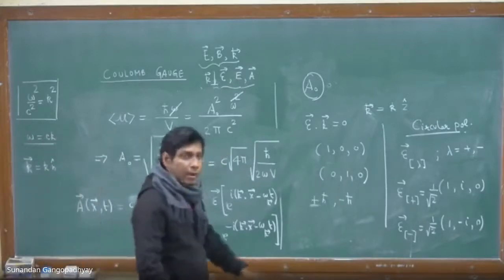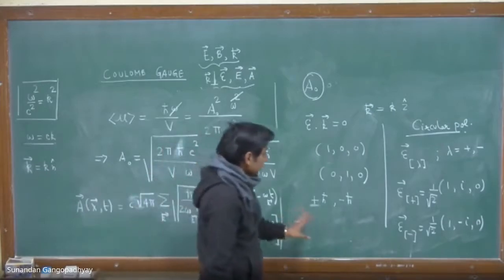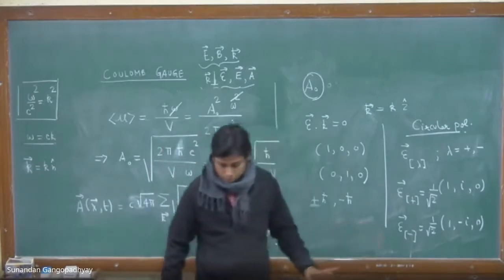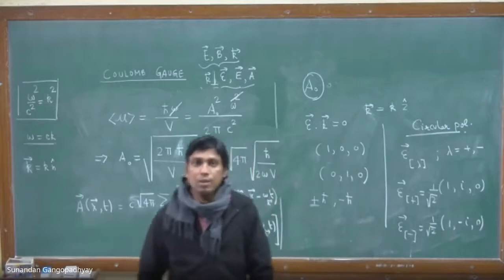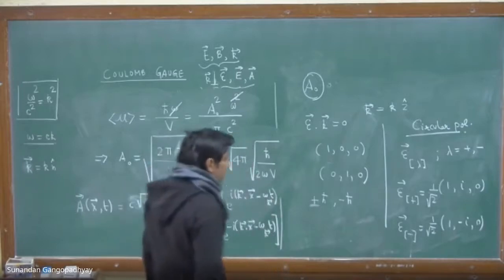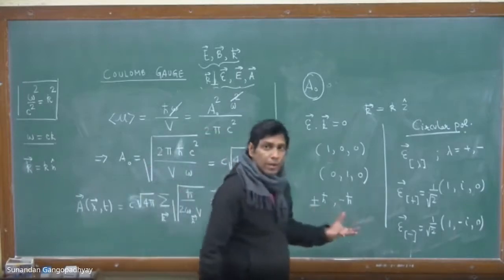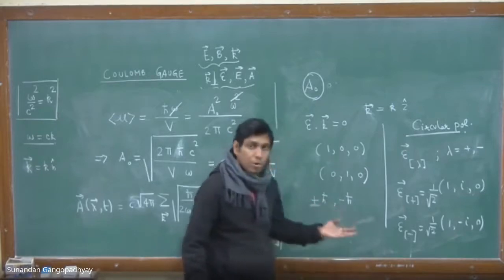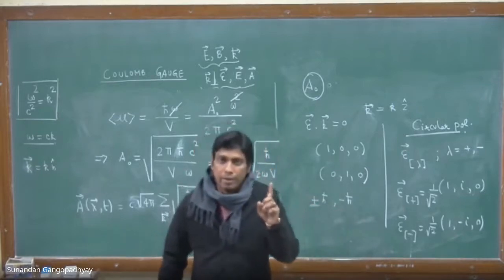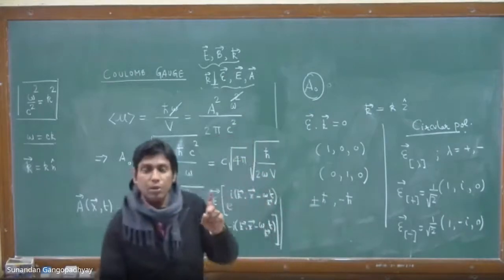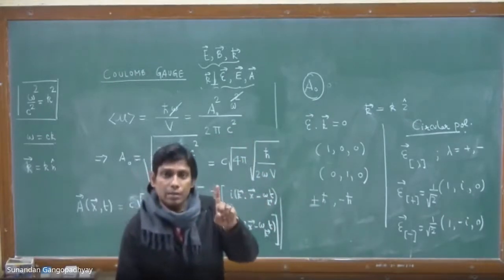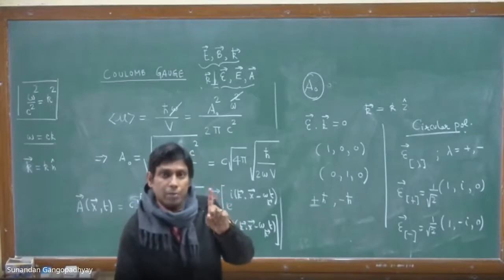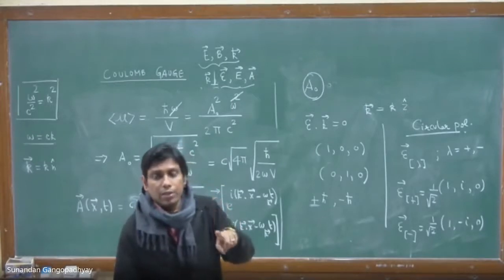In very simple language, you must have seen in your relativistic quantum mechanics course something known as the helicity operator. It is an operator whose eigenvalues correspond to the values of the projection of the intrinsic spin of a particle along the direction of its linear momentum.